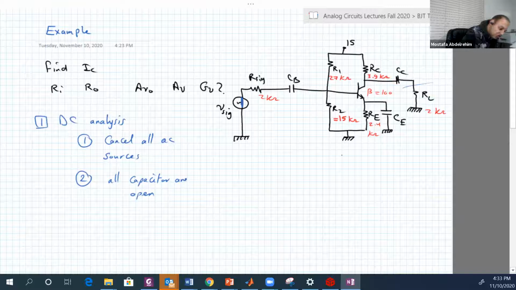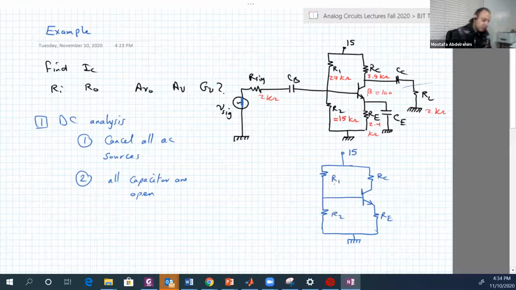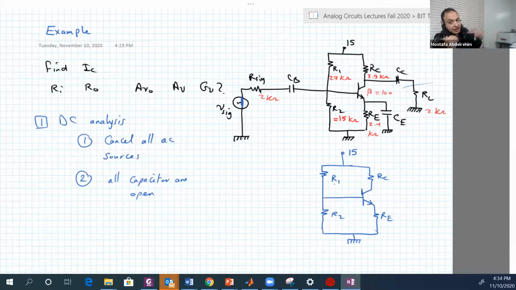So basically, you will have this circuit, which is exactly the same circuit that we used to solve all over again in the last few lectures: RC, RE, R2, R1. This is after canceling all AC sources and marking any capacitor as an open circuit. Basically, we remove any AC stuff.